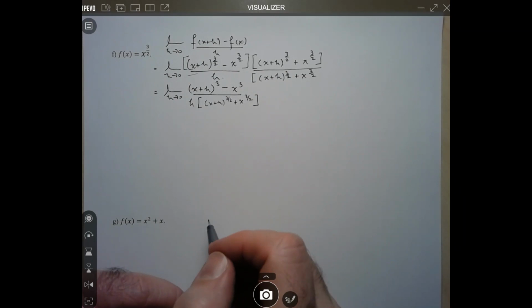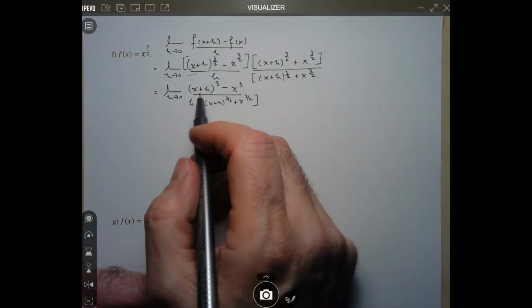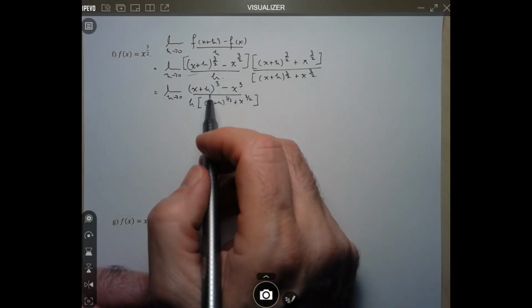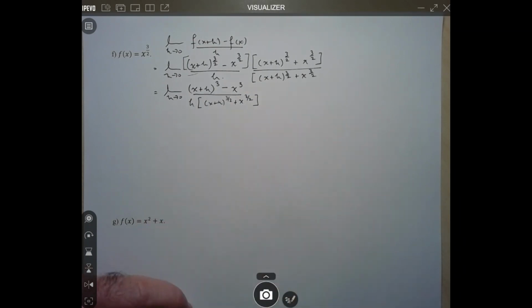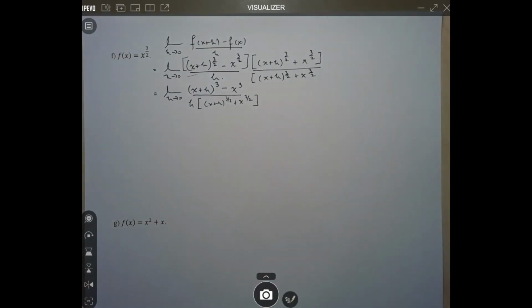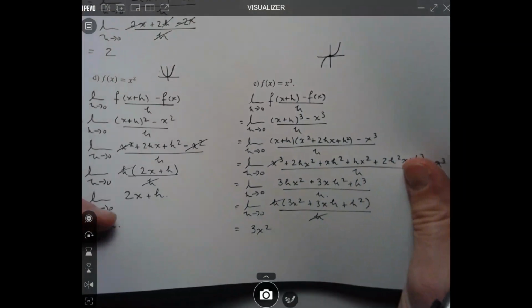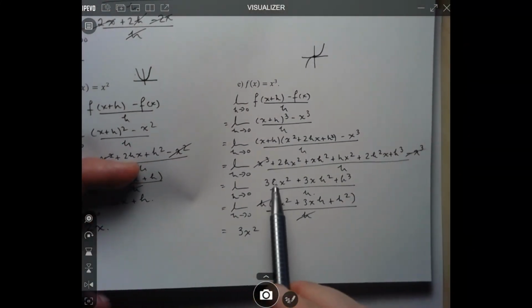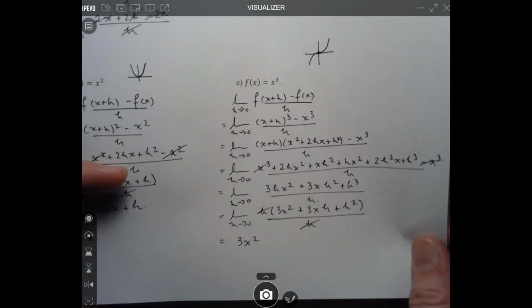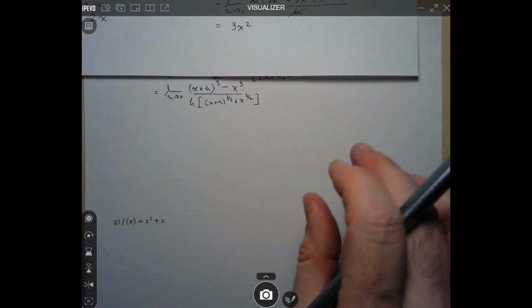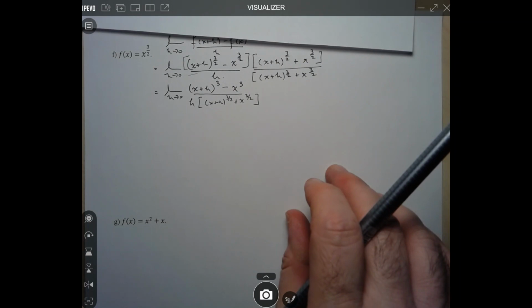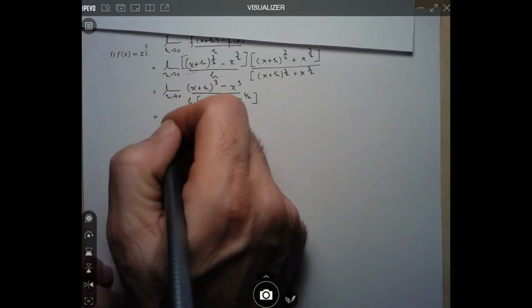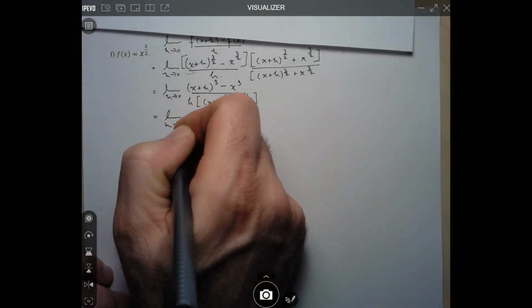And at least now I can do some algebra. Now, I'm not going to re-multiply this out because I happen to have done it in the previous example. We already determined the expansion of (x plus h) cubed, so there's no point in doing it again. So I'm just going to write it out, and I'm also going to write out the simplification.